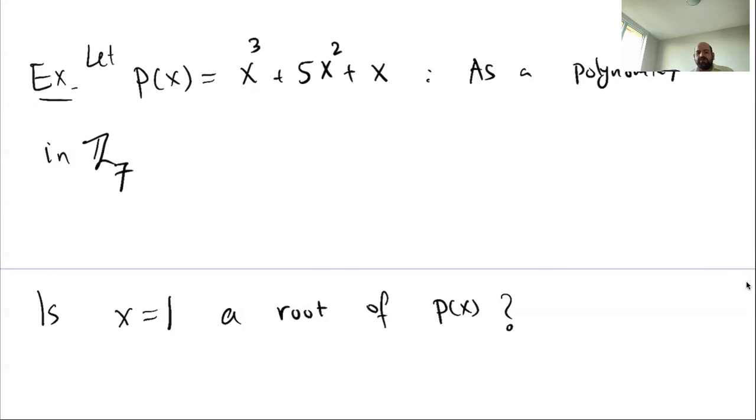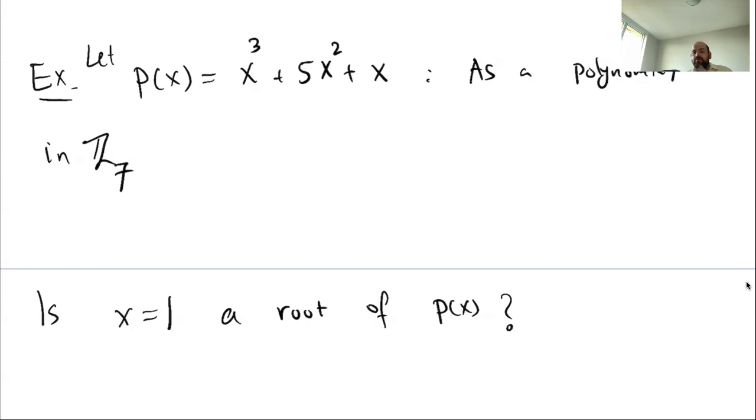I get 1 cubed plus 5 times 1 squared plus 1, and that's 1 plus 5 plus 1, which is 7. So P of 1 is 7, and you say, therefore 1 is not a root because P of 1 is not 0. In order to have a root, P of that number must be 0, right? That's what you would say in high school.